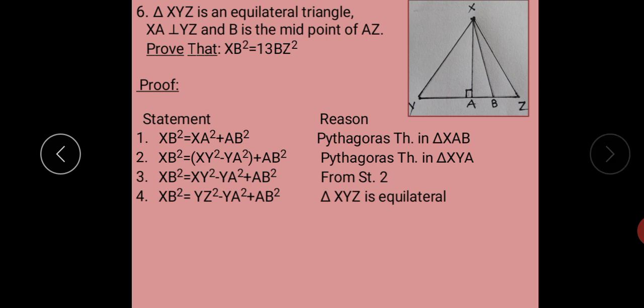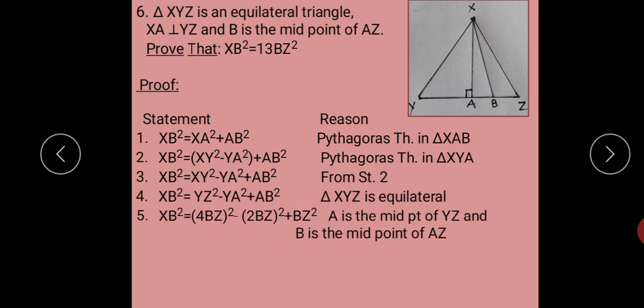Let's see the next step. It will be more clear. XB square. So in place of YZ, it is 4 times BZ whole square, minus in place of YA, it is 2 times BZ whole square, plus BZ whole square. So A is the midpoint of YZ and B is the midpoint of AZ.